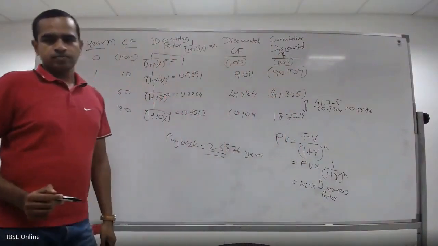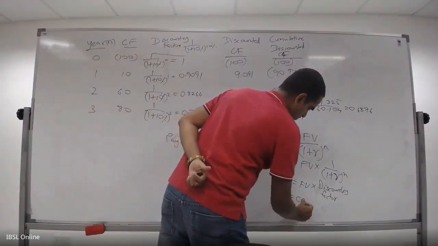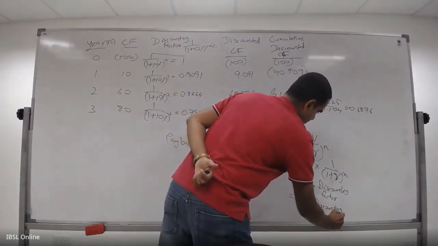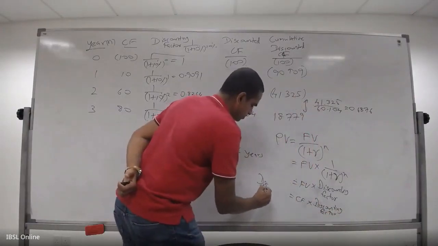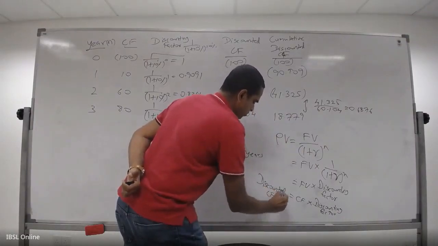In other words, instead of future value, if I write the cash flow into discounting factor, then you get discounted cash flow.